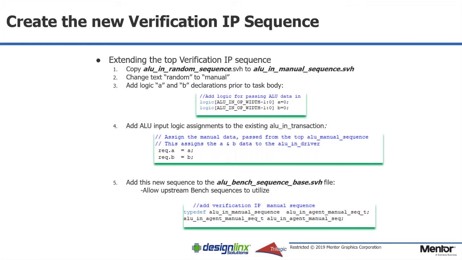Since you've created a new ALU bench sequence base, it's required that you add the manual sequence to the ALU bench sequence base.svh file. In short, this allows upstream bench sequences to utilize what you've created below it. It's just another handle using the typedef construct.